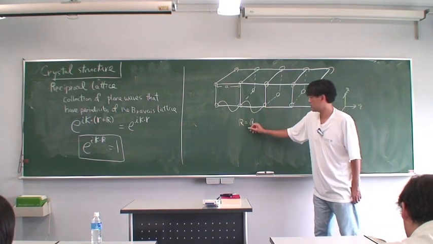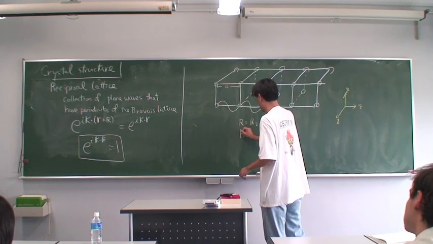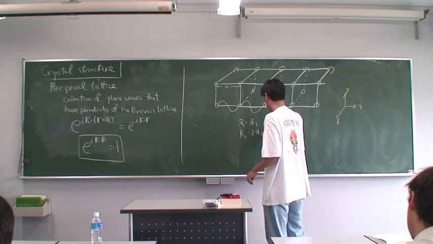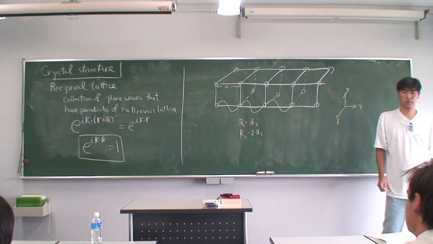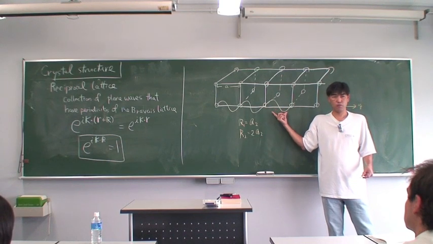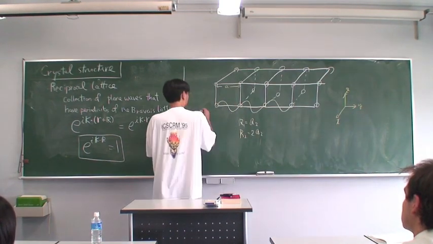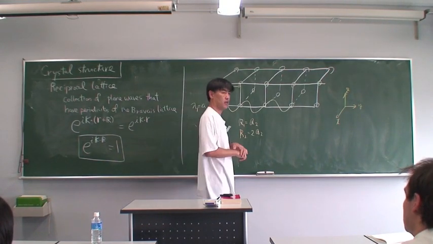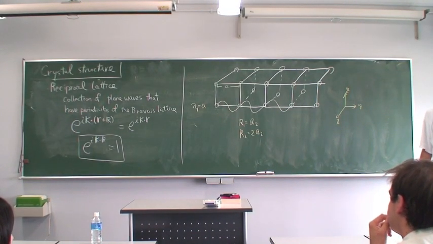And I translate this by 2a2, and what I get is this wave. So this particular wave having wavelength a, lambda 1 equals a, has the periodicity of the Bravais lattice. Okay?